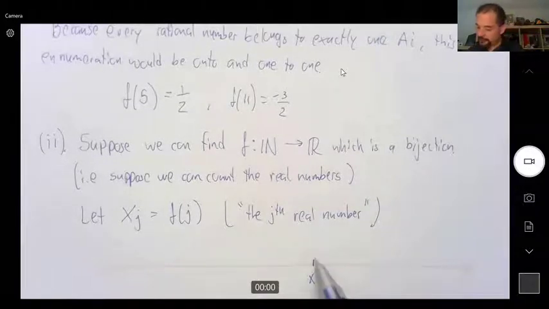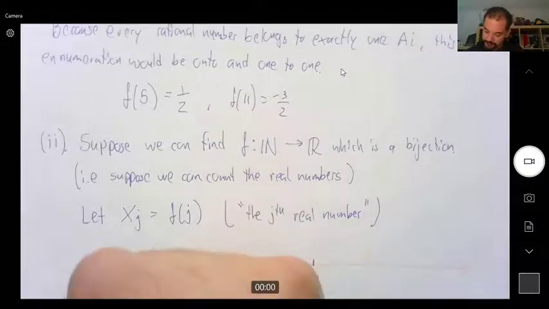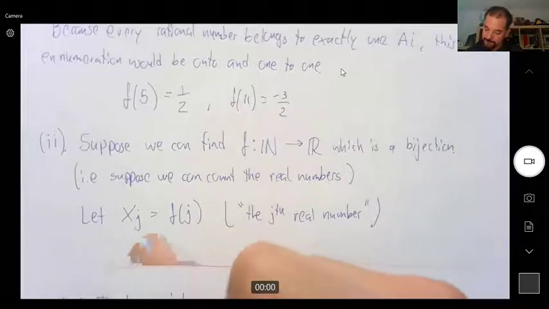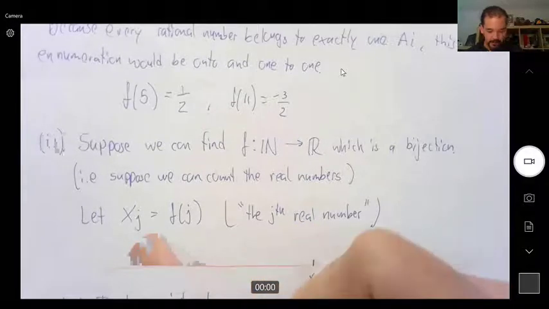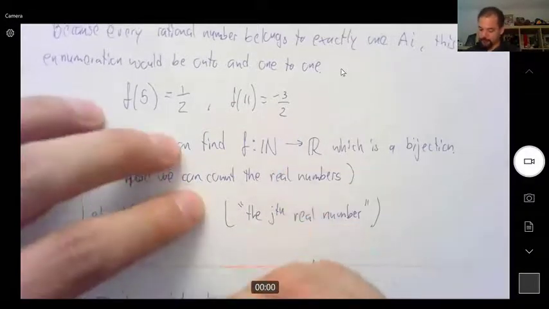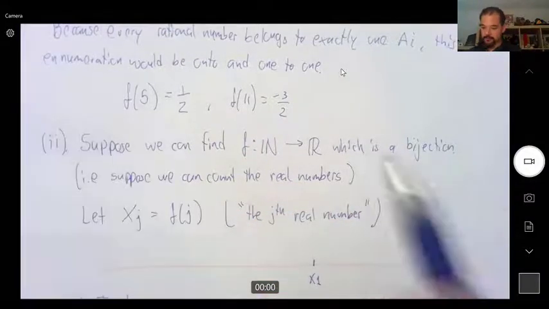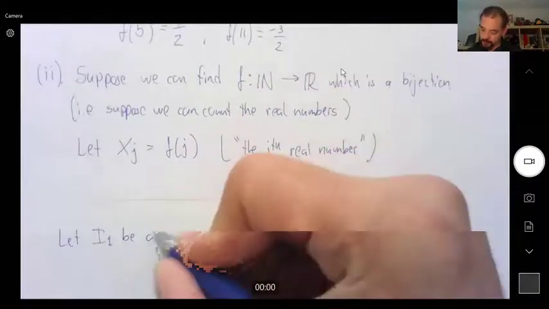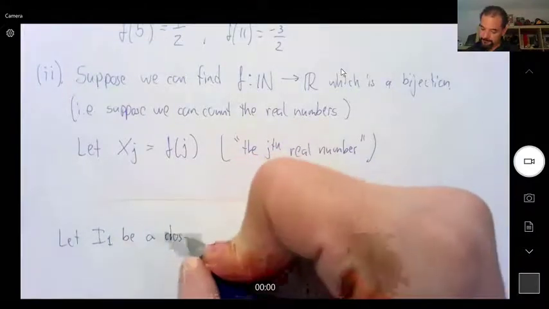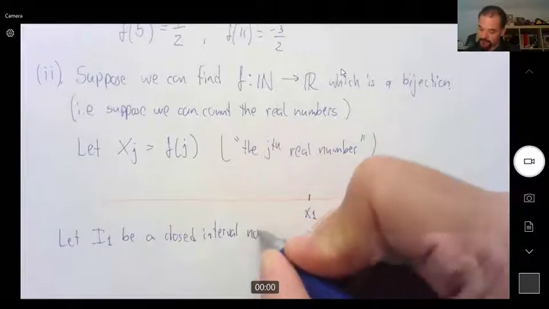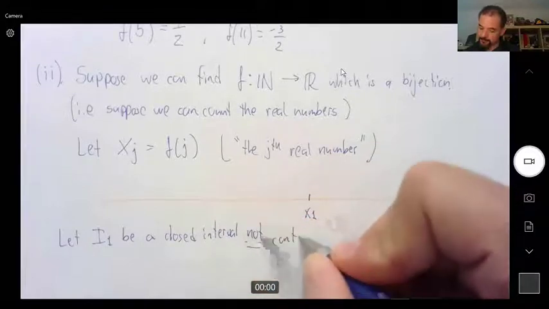Pick a closed interval that does not contain x1. So let I1 be a closed interval, more particularly, it's important that it's closed. Let I1 be a closed interval not containing x1.